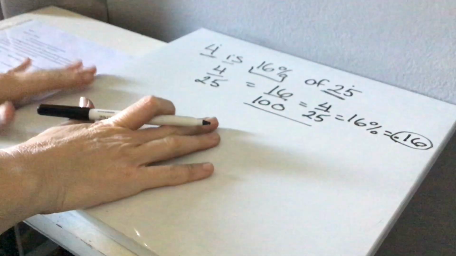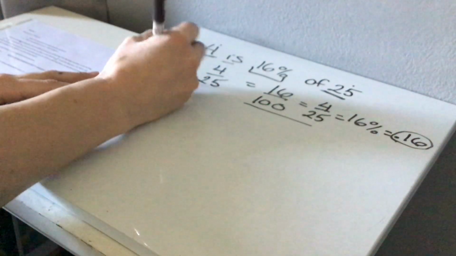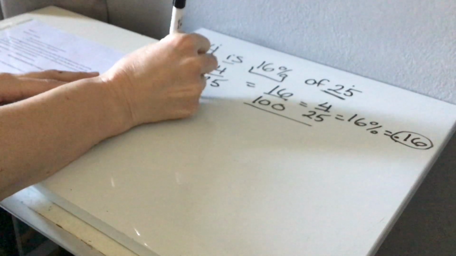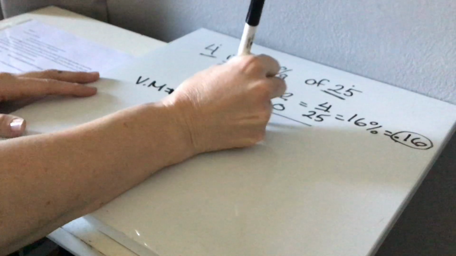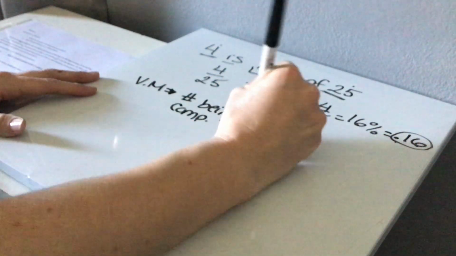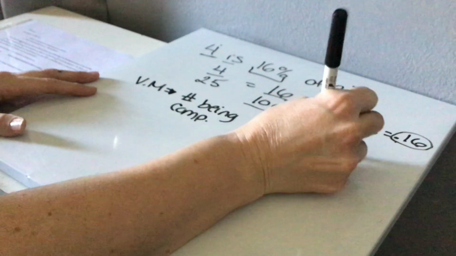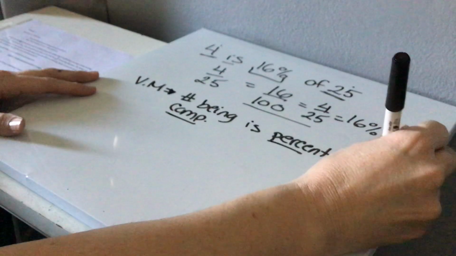So with percents, a verbal model will help us. The verbal model usually says the number being compared is a percent of a base.